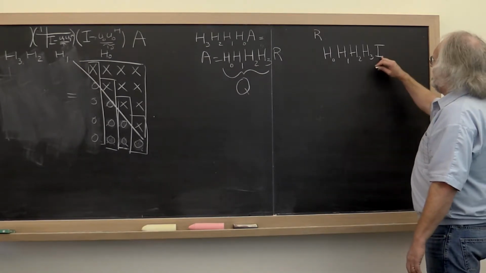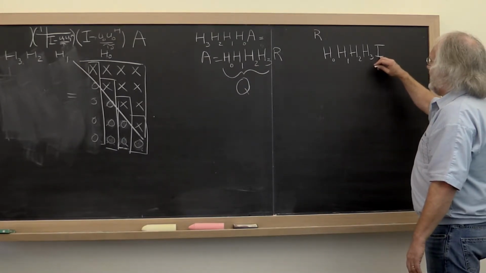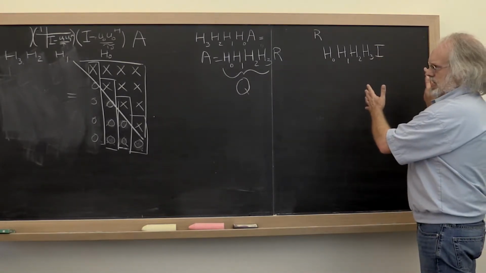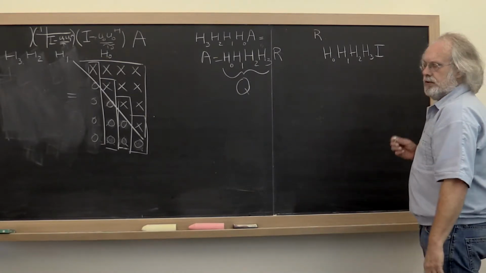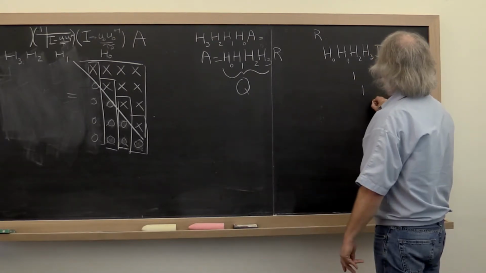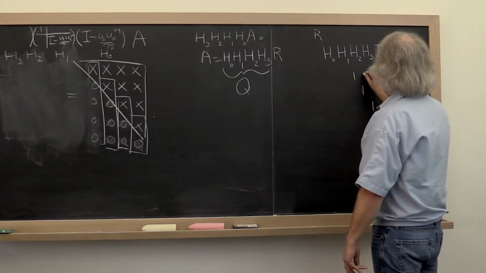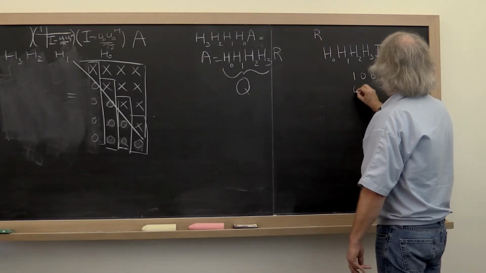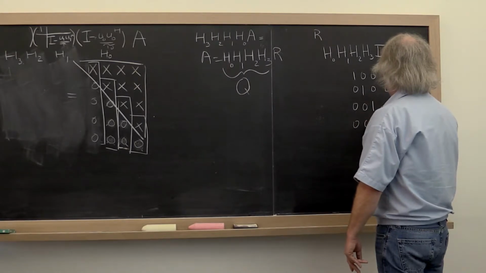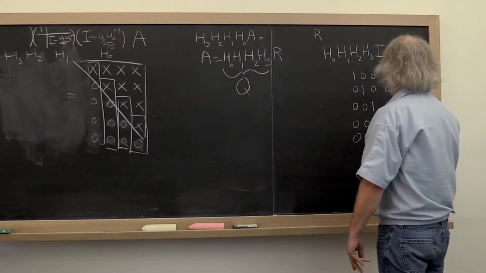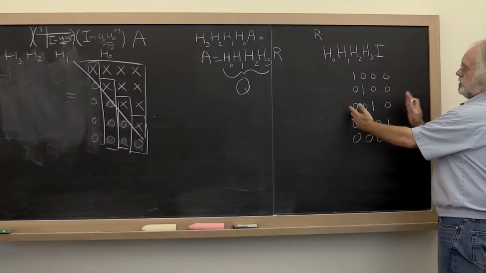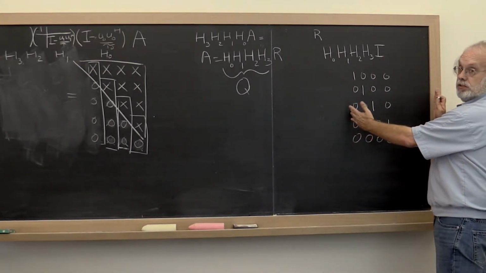As a matter of fact, if we take I not to be the identity, but the first n columns of the identity, then we start with something that looks like this for this example. So these are now the first 4 columns of the 5 by 5 identity matrix.